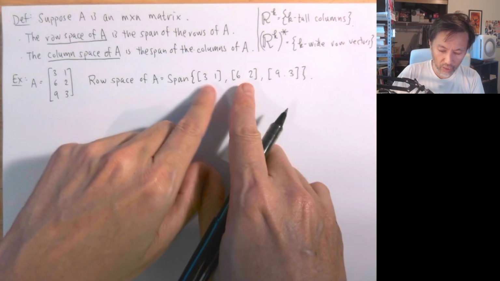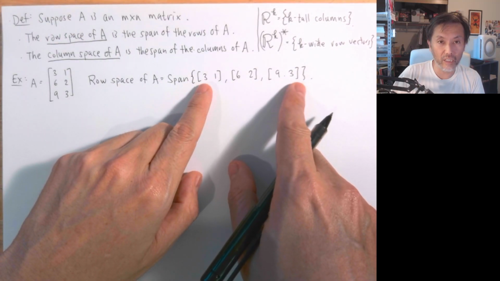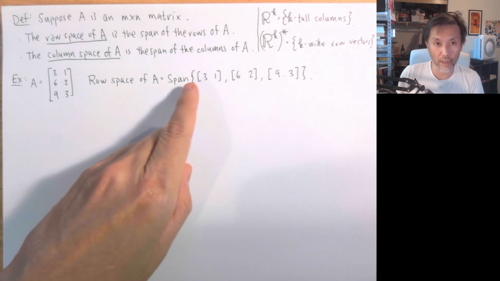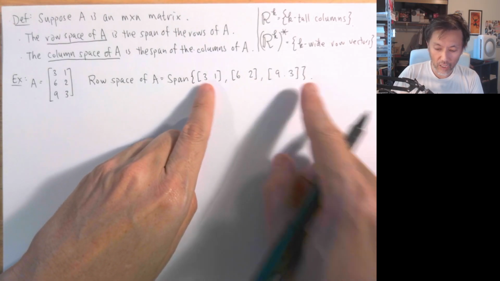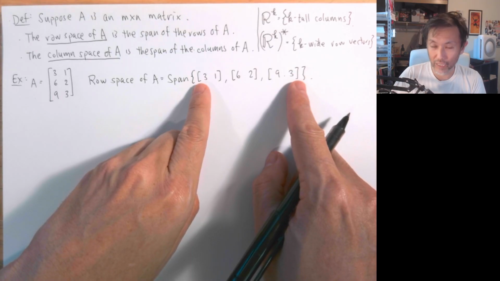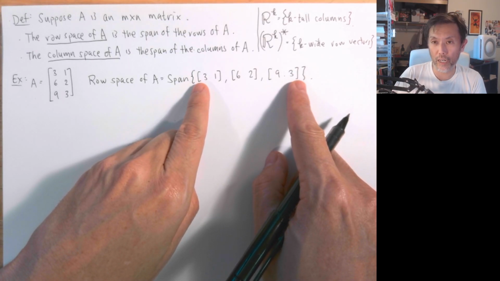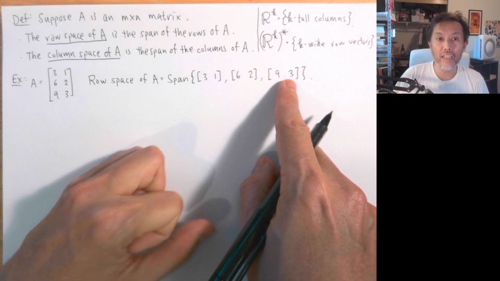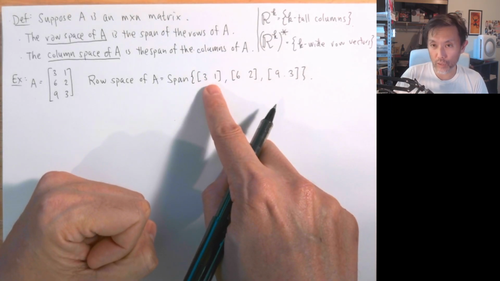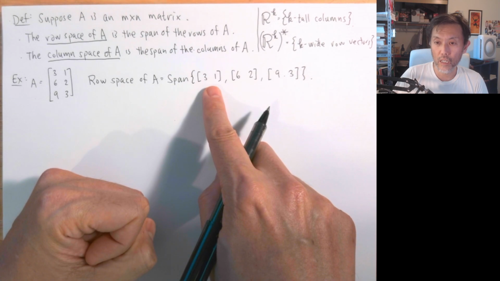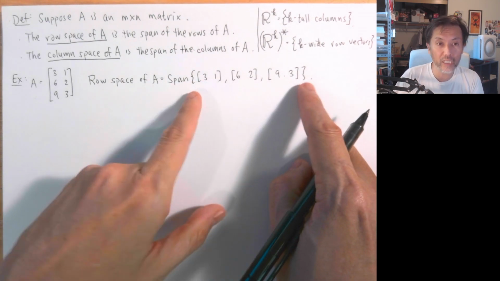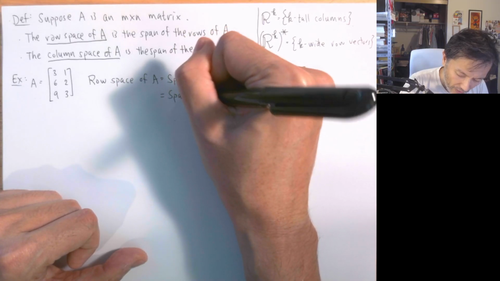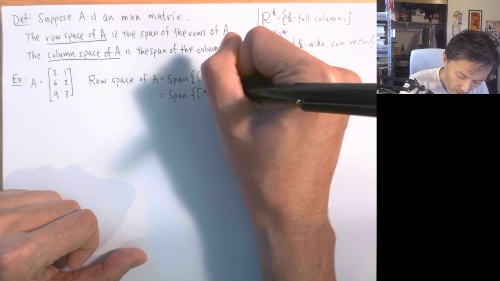So in other words, these two vectors here are in some sense redundant. They don't need to be included in the span. This is a spanning set, but it could be shrunk down because there's something redundant about these, given that they are already multiples of this one here. So we could equally well express this span as the span of just one vector all by itself, 3, 1.